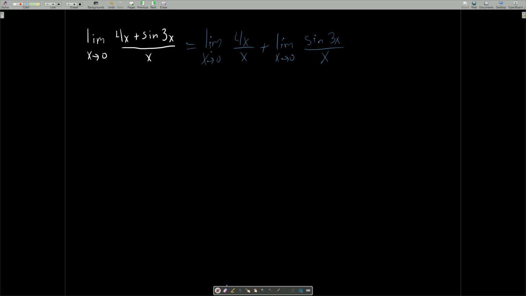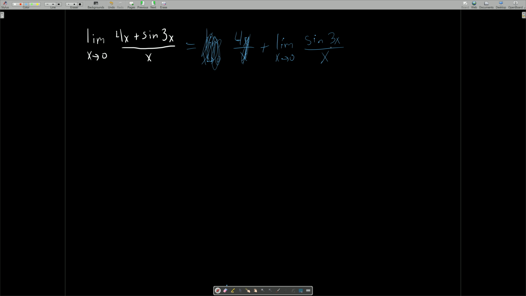Let's deal with this first part. You have an x on the top and an x on the bottom. They'll cancel out. Now you're just left with 4. And if you have the limit of any number, then you can just take out the limit. So the limit as x approaches 0 of 4 is just 4.